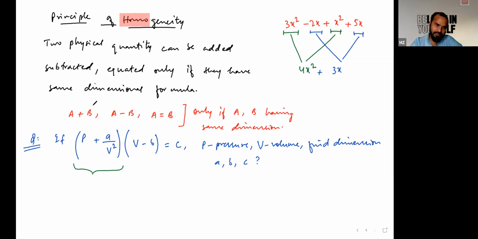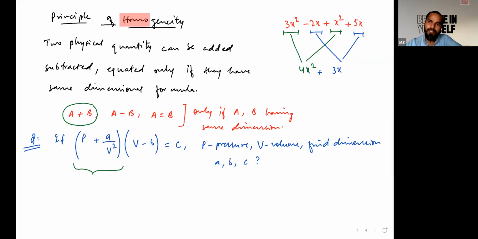We have just defined if two quantities are related by plus, minus, or is equal to, this relationship would be possible only if both quantities contain the same dimension formula. Otherwise, it would be meaningless.